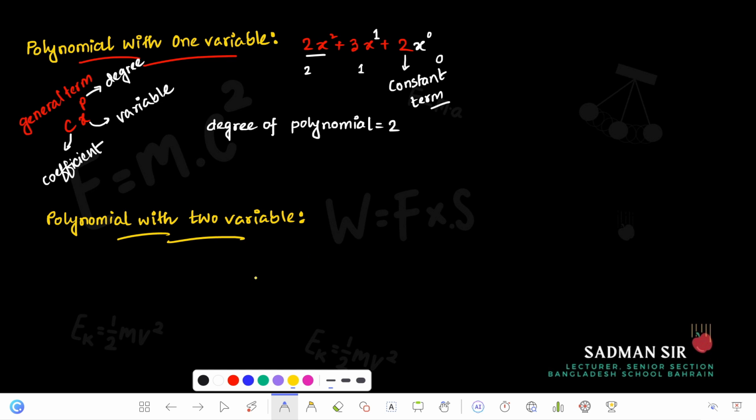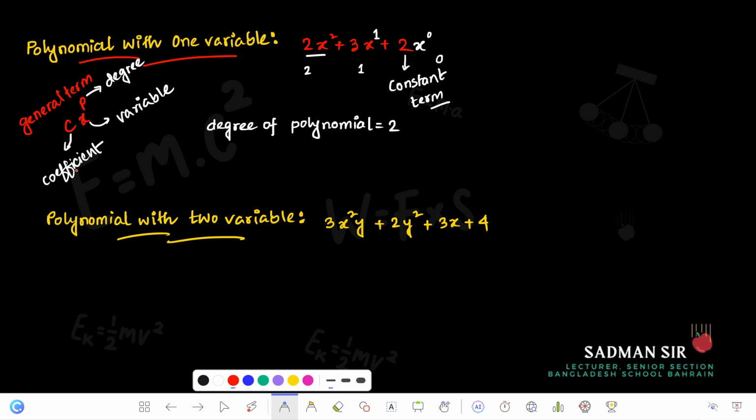So let me write in general a polynomial with two variables: 3x square y plus 2y square plus 3x plus 4. Now you can see that there are two unknowns. One variable is x, another one is y. Now what is the general term? Definitely the general term is going to be different, right?